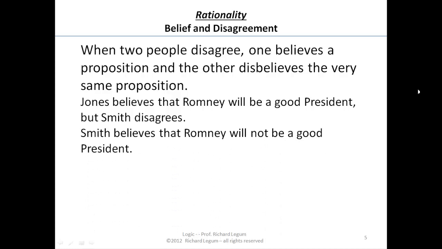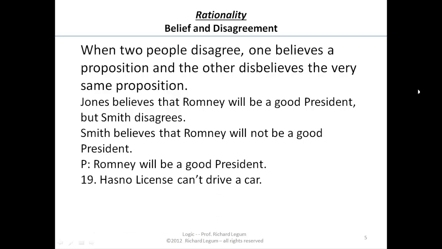That is, Smith believes that Romney will not be a good president. Notice, "Romney will be a good president," one proposition. "Romney will not be a good president," another proposition. In this case, Jones and Smith disagree.